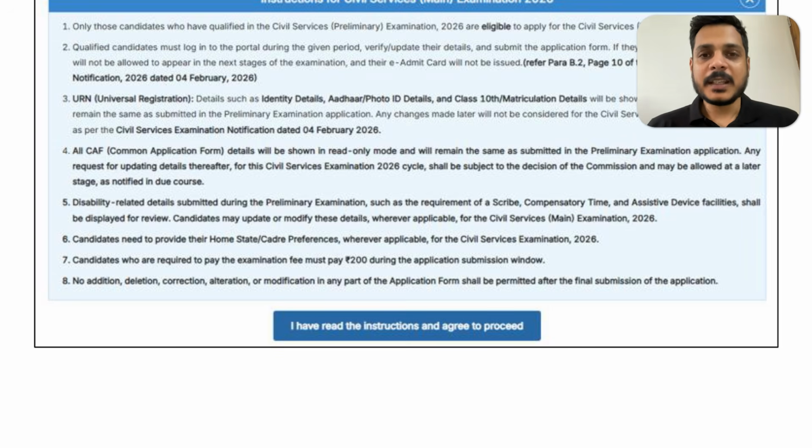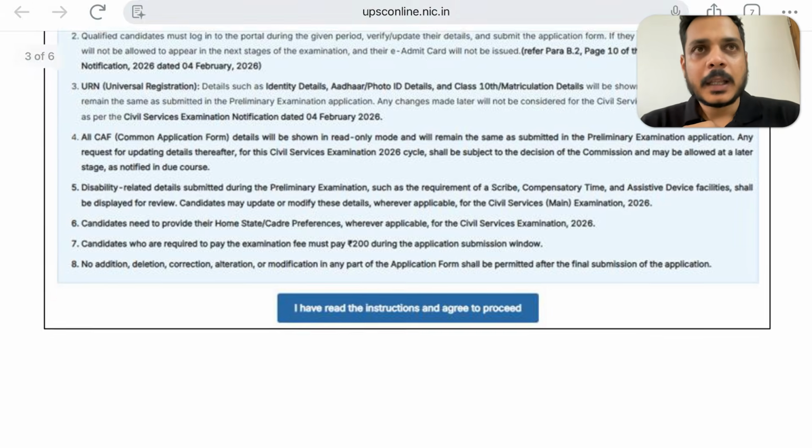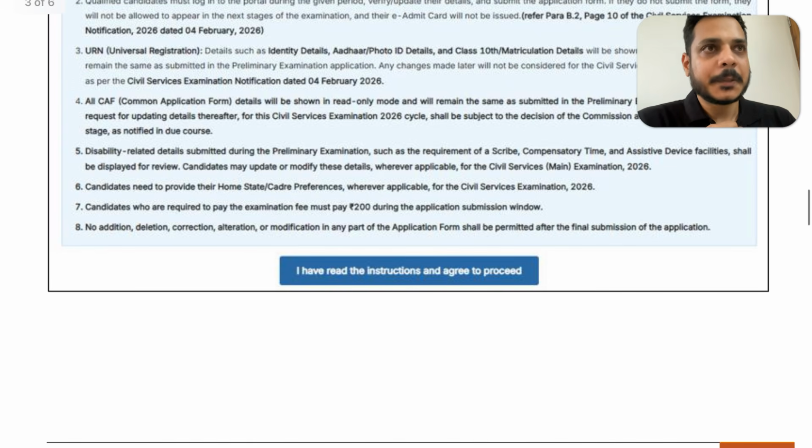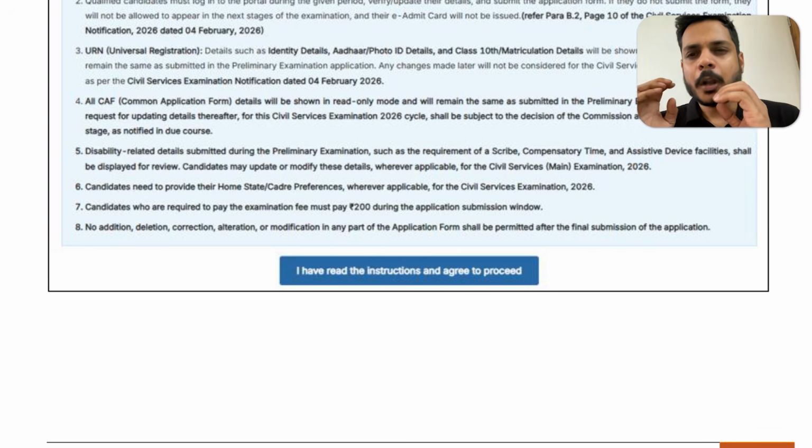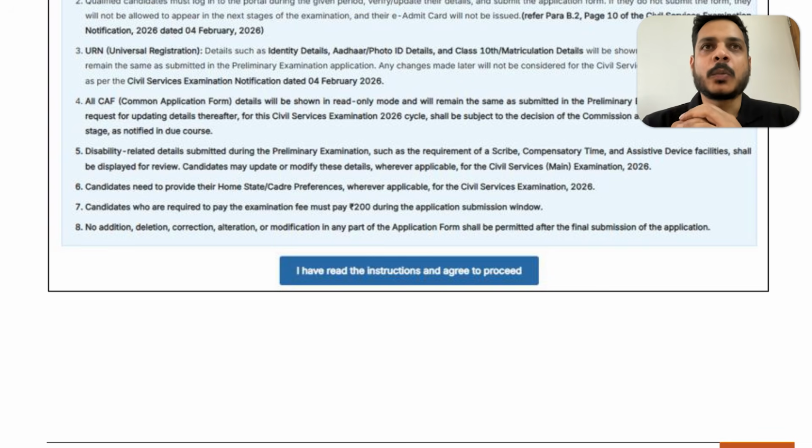The fee is given in the 7th point, and that is 200 rupees for the application submission. The 8th point is that you cannot add, delete, correct, alter or modify any of the details once you have filled this up.